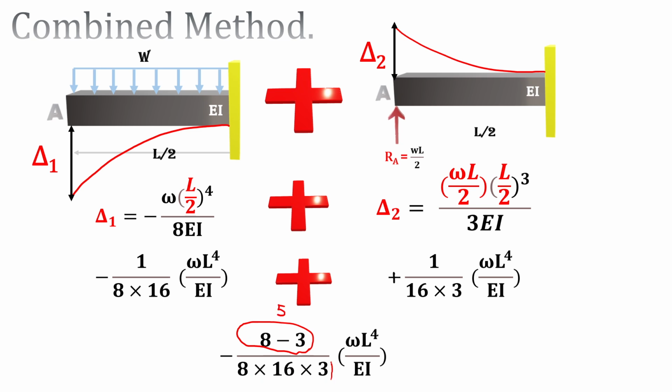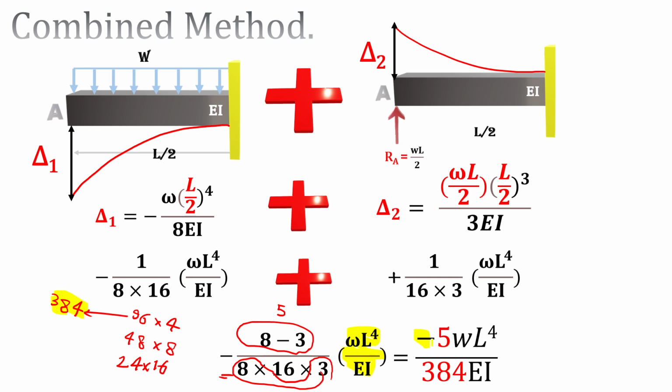Then the denominator is 8 times 16 times 3; 8 times 3 is 24 times 16, 24 times 16 is 48 times 8, 48 times 8 is 96 times 4, and it makes 384. WL to the 4 over EI. So it just gives us a negative, which says the downward is dominant, 5WL to the fourth over 384 EI.